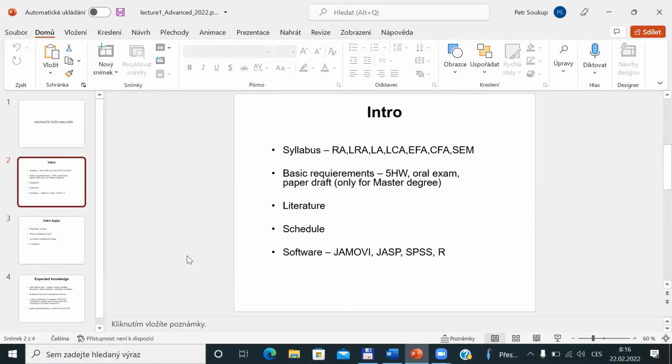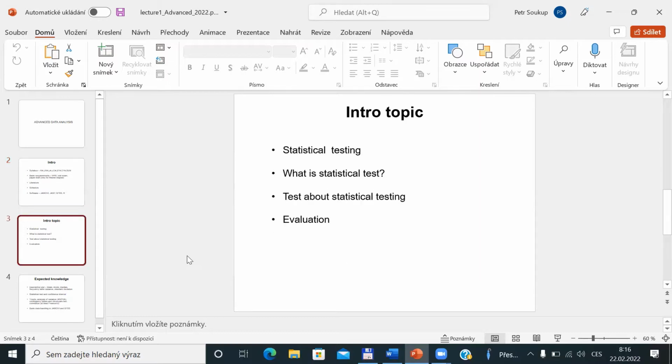I mean, behind jamovi and JASP, behind the graphical interface, there is a hidden computation module of R. So we will be using R indirectly mostly, but I can promise that at least for latent class analysis, I will show you also direct computation in R. So that's a basic recap of information.